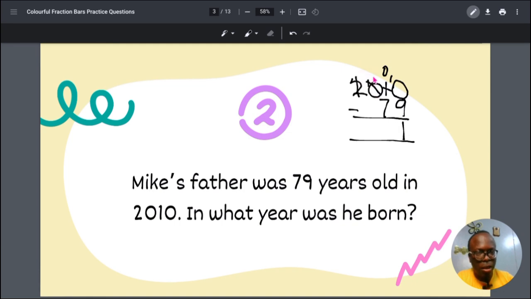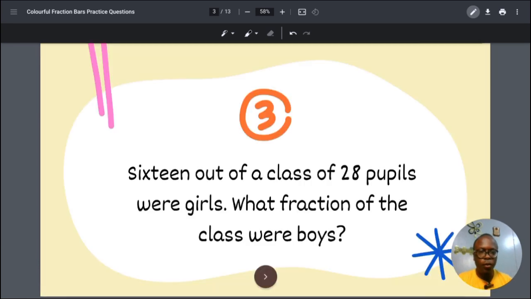We cut it again, we remove 1, so it remains a 9, and then we bring 1 here. So 10 minus 7 is a 3, and of course we have 9 here. And don't forget that we borrowed 1 from the 2 here, which remains a 1. So that means that the man was born in 1931. Okay, so let's move to the next one.